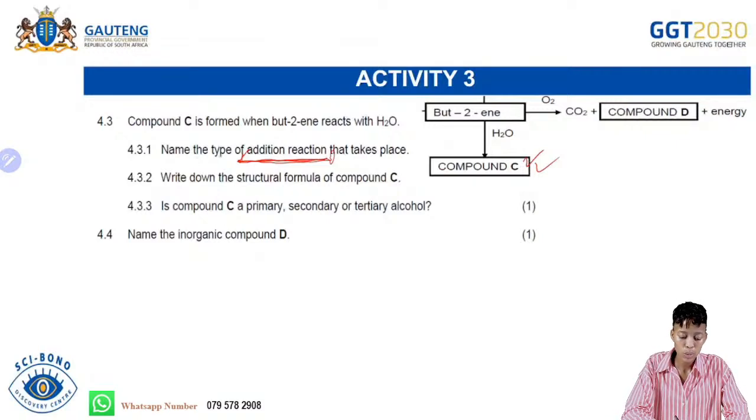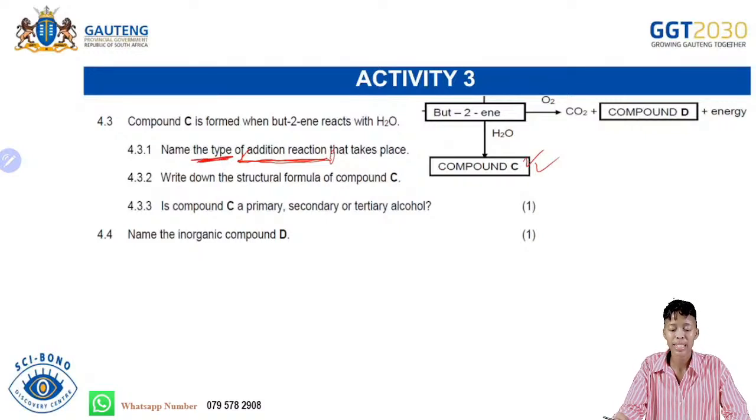Now they want you to name the type of addition reaction. You already know that if it's an addition reaction, you are moving from unsaturated to a saturated compound. But if you are adding water, what is the type of addition reaction? It would be called hydration.